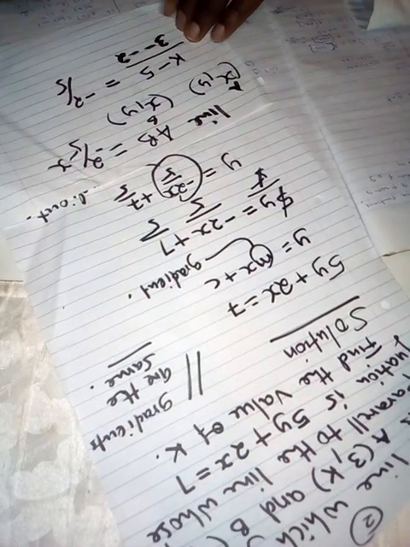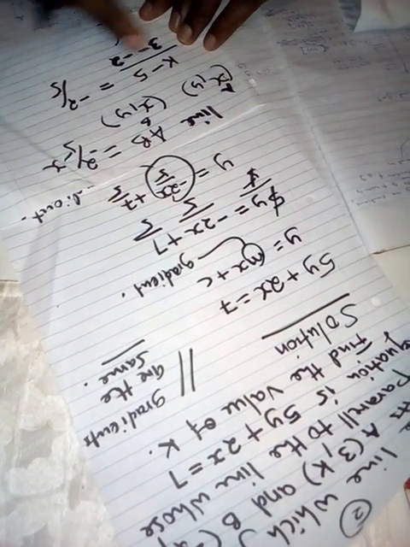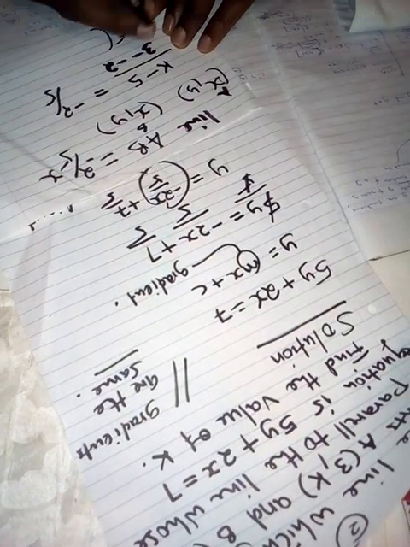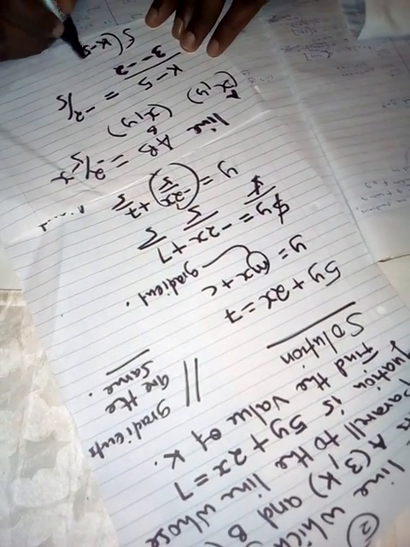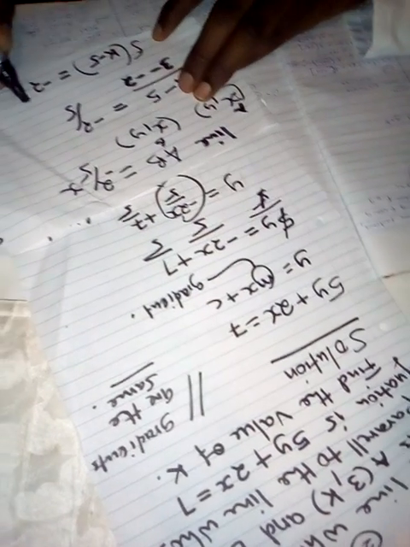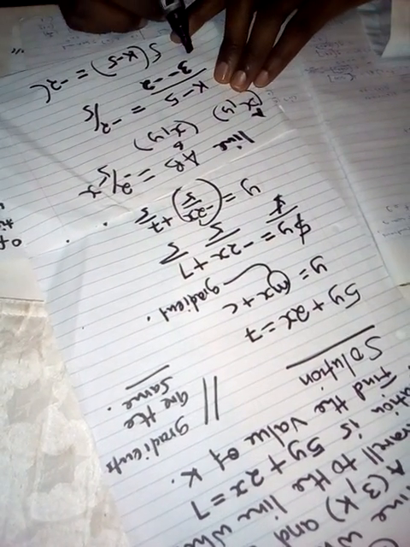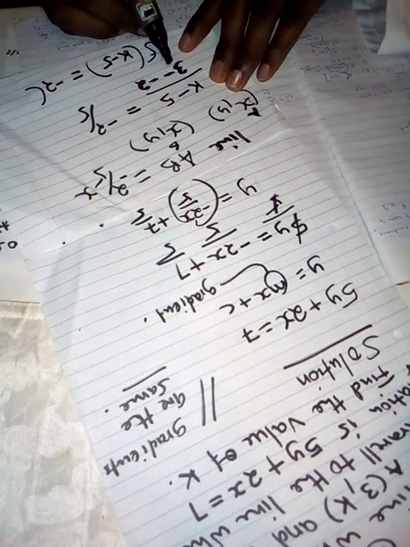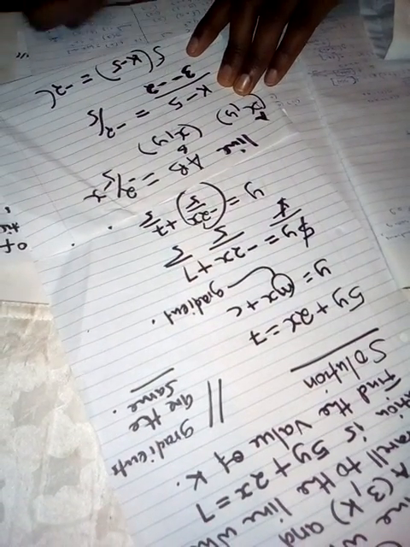So this equation goes this way: cross multiply, 5 this way and negative 2 this way. 5 into (k minus 5) is equal to negative 2 into 3 minus negative 2, which is 5.